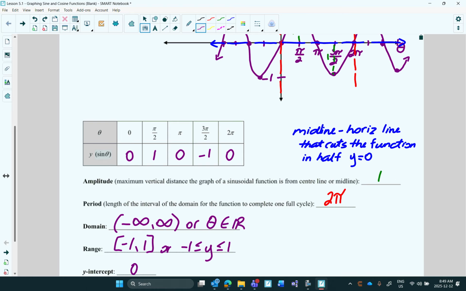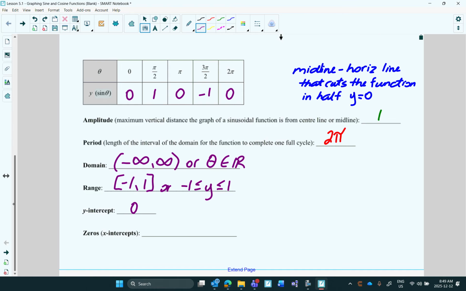So how do we write that? If we're going to write all of it, pi k, where k is in Z. I know what you mean.